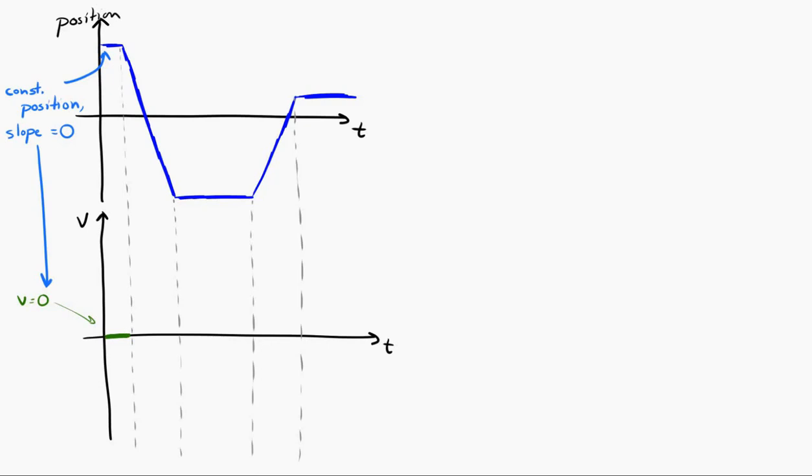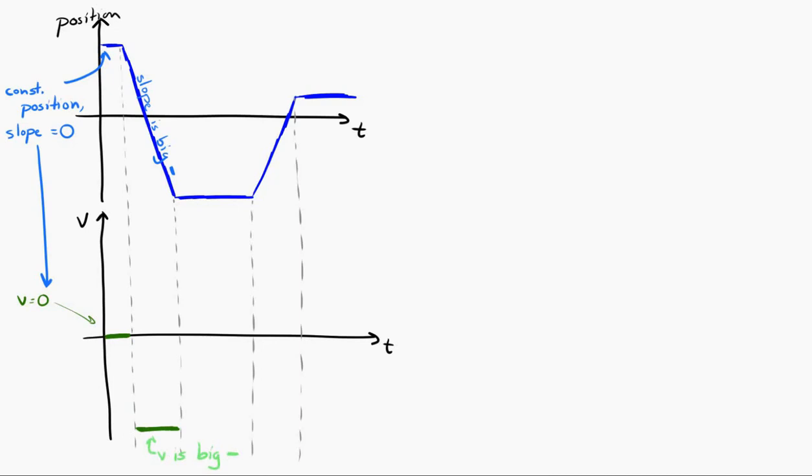Now in this next part, you can see that the position is changing pretty rapidly towards being more and more negative. Less and less positive, more and more negative. So the slope is quite negative. So in our velocity versus time graph, the velocity would be quite large and negative. All right.